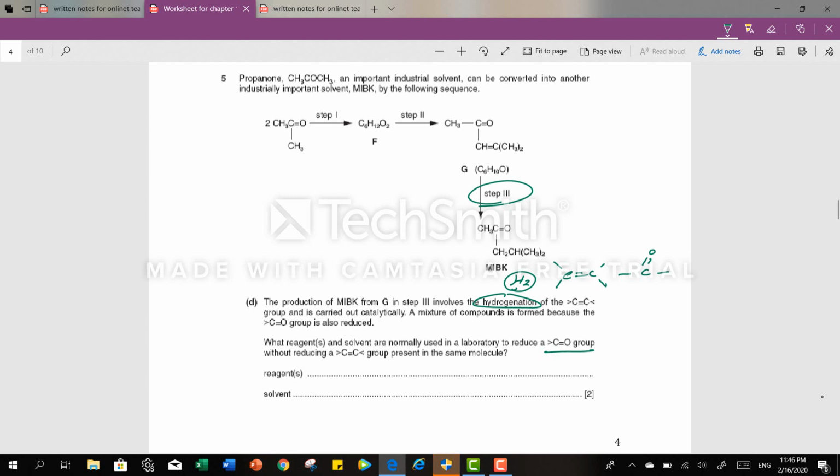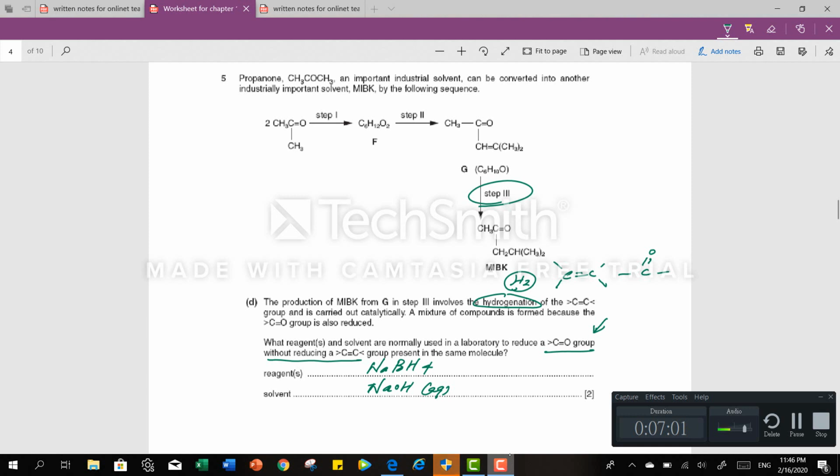But if you just want to reduce the C=O group without reducing the other, then you will have to use a milder, weaker reducing agent. So the answer is still the same: NaBH4, and the solvent is aqueous NaOH. That's it. Do you understand?